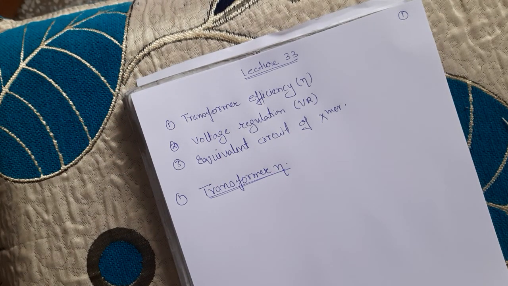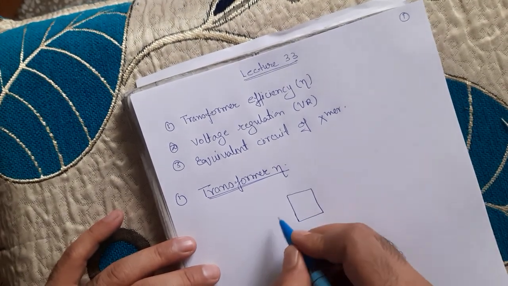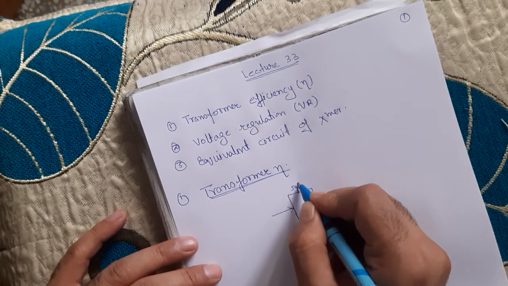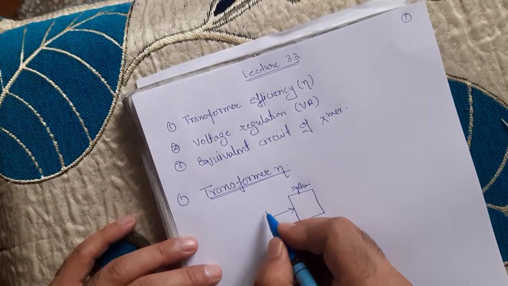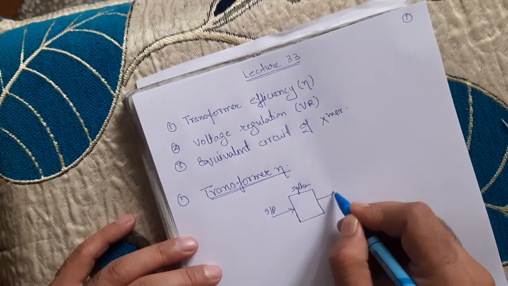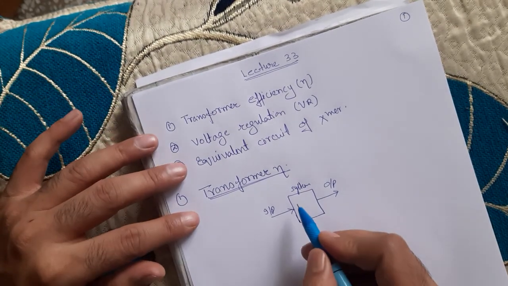So what is efficiency? You all must have read it in your physics, in your 11th and 12th class. Suppose I have a system here, any system, and I am giving some input to this system, and I am getting some output from here.